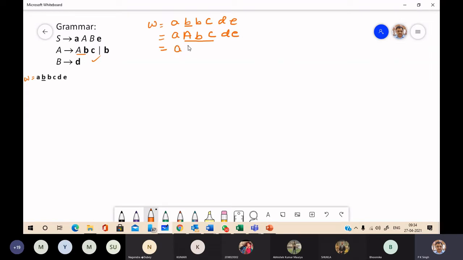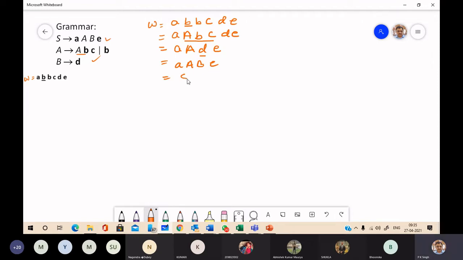We will get A, D, E. Now again we scan the string and find a match of the right side of a production, that is D. So we will get A, B, E. And finally, this matches this production.